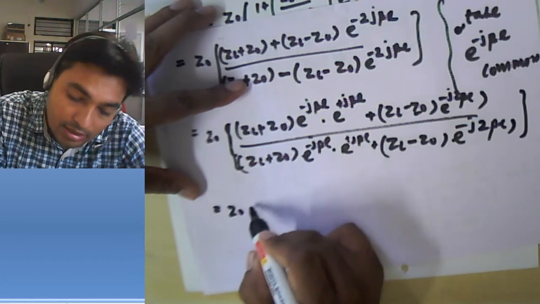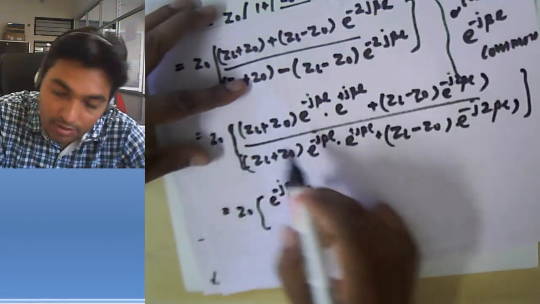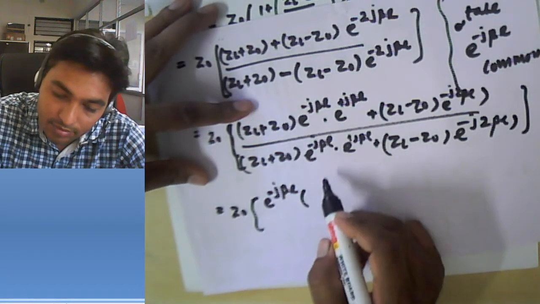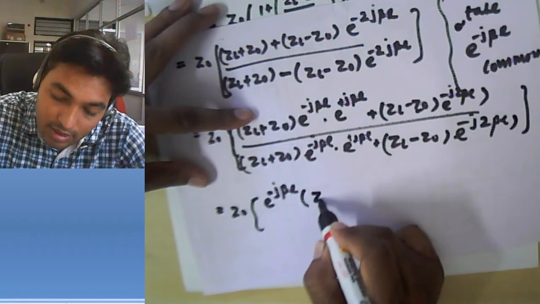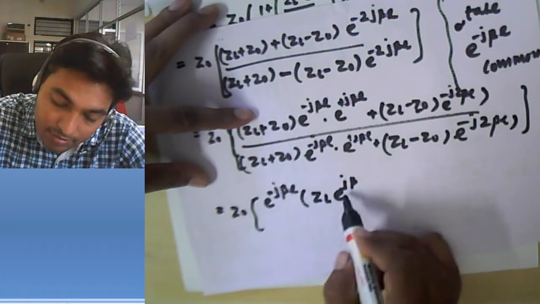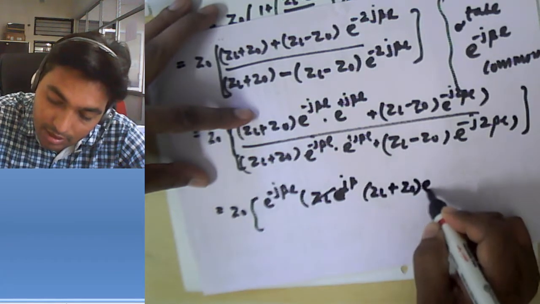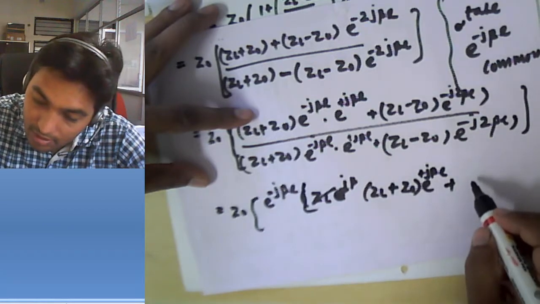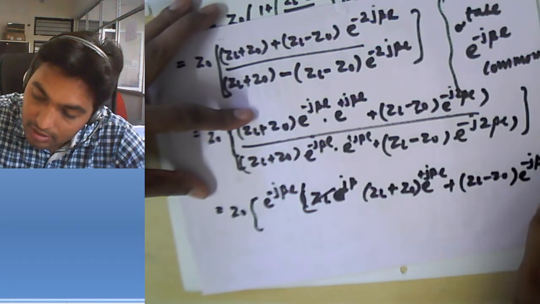So this will be Z0, and here you will have ZL plus Z0 times e raised to plus j beta L, and here we'll have ZL minus Z0 times e raised to minus j beta L.